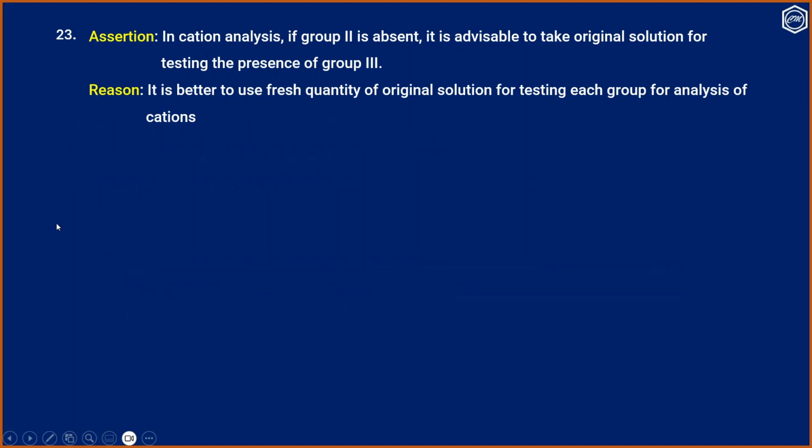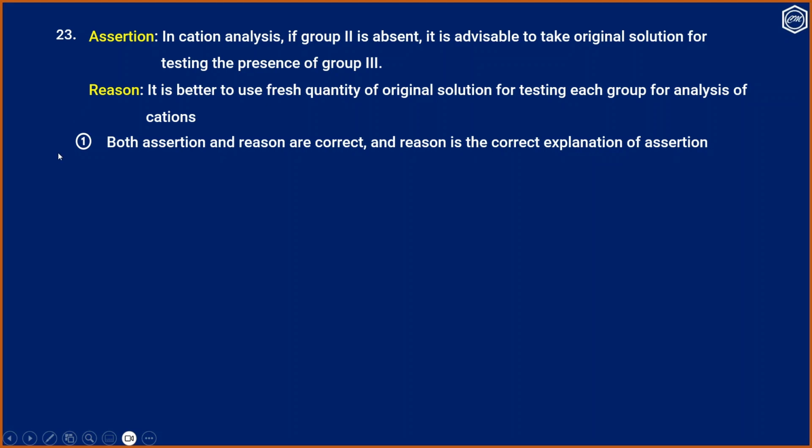Question 23, an assertion reason question. Assertion: in cation analysis, if group 2 is absent, it is advisable to take original solution for testing the presence of group 3. Reason: it is better to use fresh quantity of original solution for testing each group for analysis of cation.